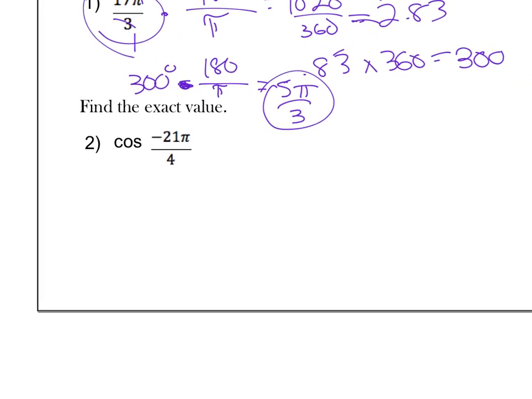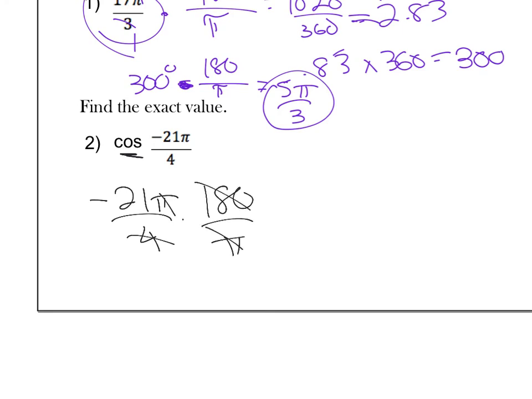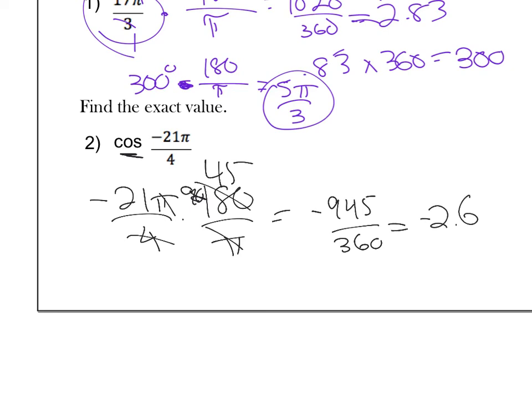Number 2, figure out your exact value. Cosine of negative 21 pi over 4. So negative 21 pi over 4, times 180 over pi. Negative 21 times, sorry, not 90, 45, is going to be negative 945, divided by 360 is going to be negative 2.625. So negative 2 rotations, 0.625 times 360 equals negative 225.